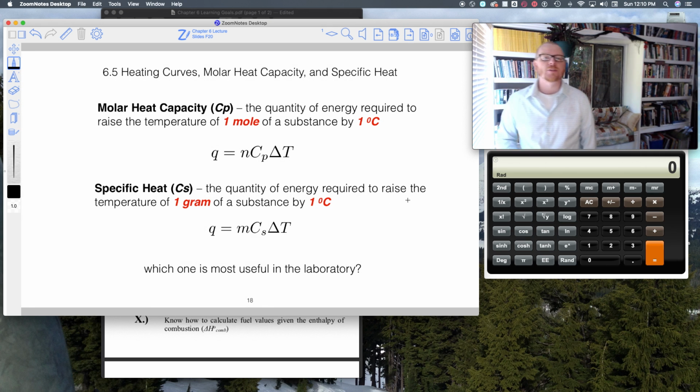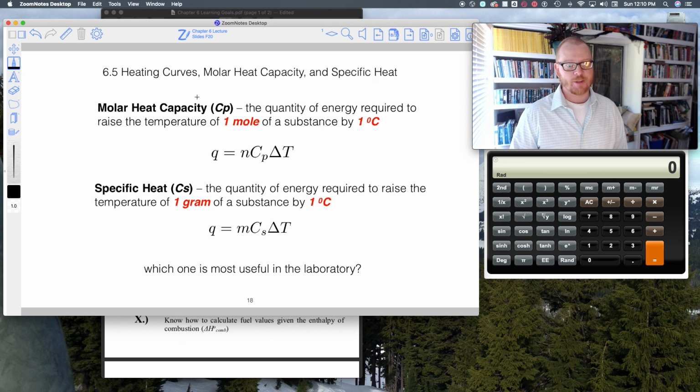So we have two types of flavors of heat capacity. There's the molar heat capacity, and there's the specific heat. So the molar heat capacity, CP, the P denotes constant pressure. So again, this is our useful laboratory bench quantity, right, where we're just sitting on the lab bench at constant pressure.